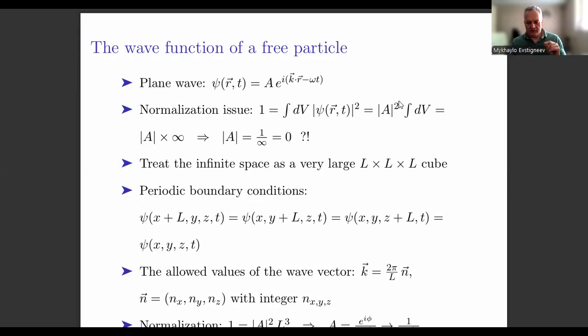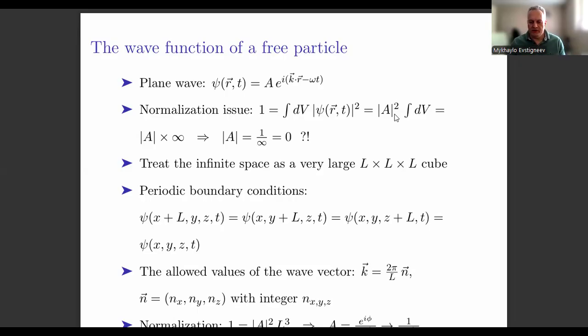And in the numerator, we can have any number whose modulus squared is 1. So exponential to the power i phi is a number whose modulus squared is 1, where phi is arbitrary. Because the phase of the wave function is not measurable, we will follow the usual convention and say that phi equals 0, but we do not have to.